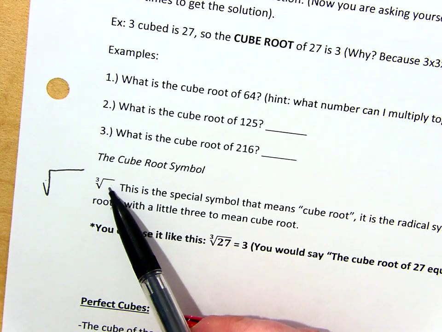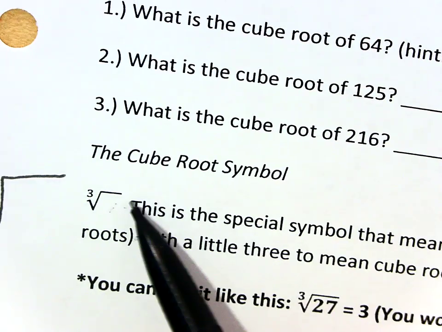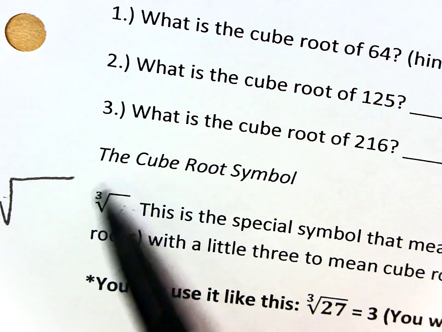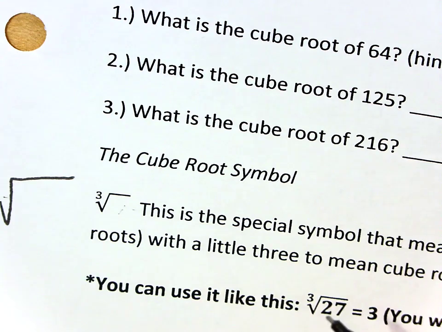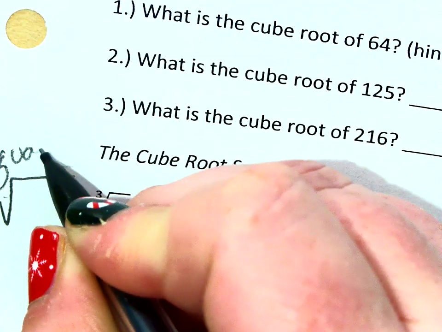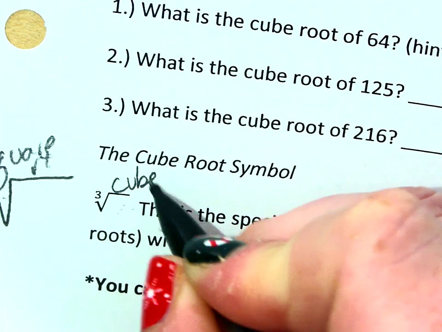So if you look right here, that's exactly what it is. See that teeny tiny 3? Okay, so that number there is called the index. So that symbol now means to take a cube root instead of a square root. So this with no number written there is a square root. And this with the 3 is obviously the cube root.